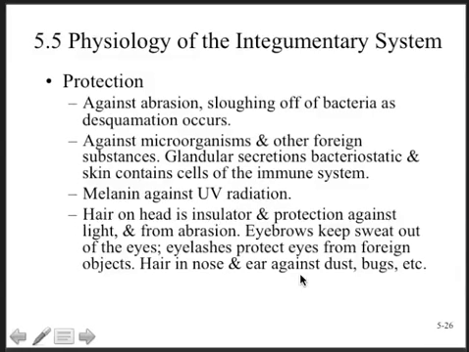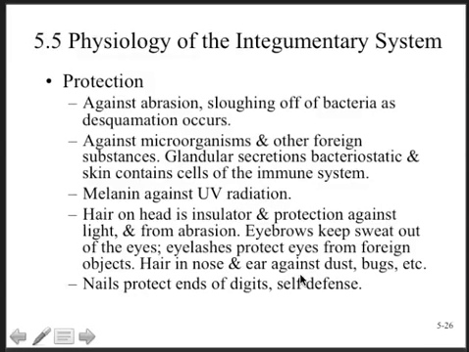The eyelashes protect the eyes from foreign objects such as dust and other particulates, and the hair in the nose and the ears is a barrier against particulates, insects, and other foreign matter that we don't want to end up either in the middle or inner ear in the case of the ear, or in the respiratory system in the case of the nose.